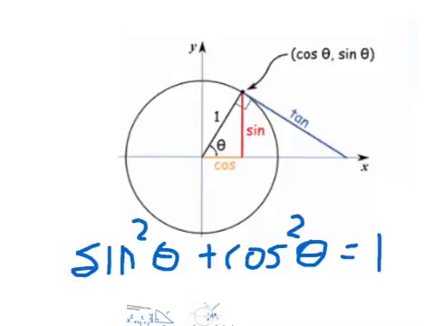Now this is the primary Pythagorean identity. We use this one over and over and over again, but it also has two other forms, and so we want to take a few minutes to look at those two other forms. Now don't get worried about it. If you'll learn this one, you can always find the two other forms.